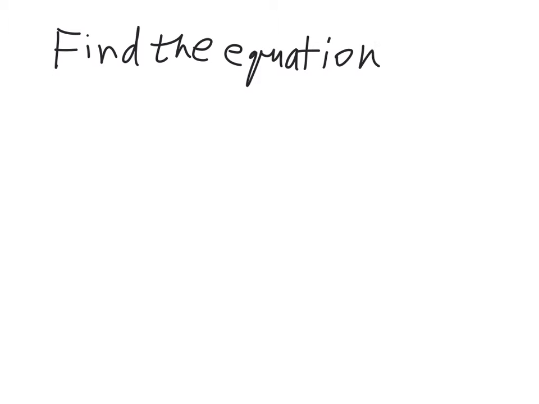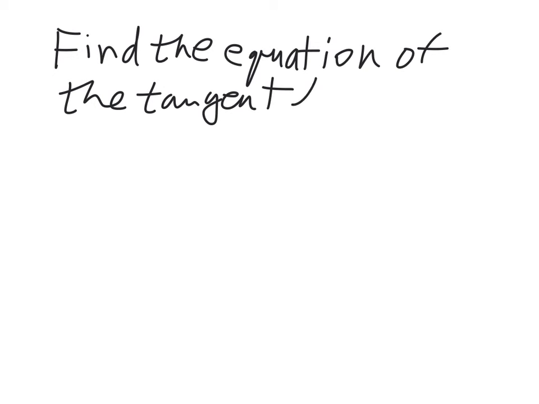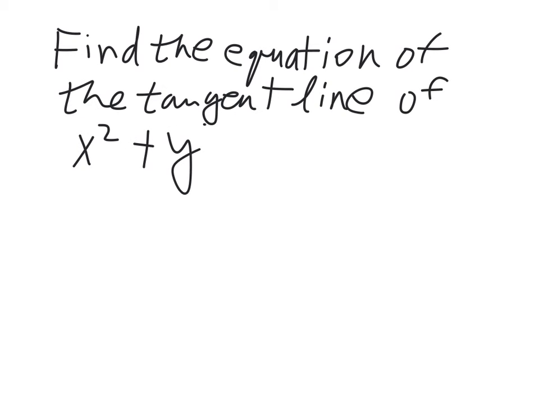Also, we may have to find the equation of a tangent line. Now, we saw a few more of those with our implicit differentiation. So maybe I'll just throw in a fairly straightforward one.